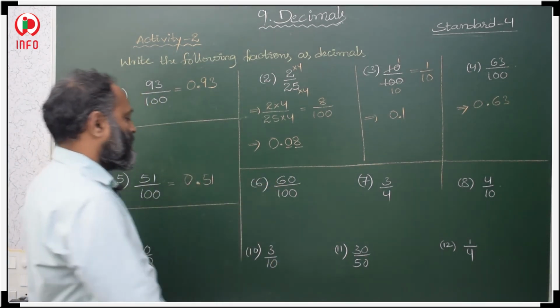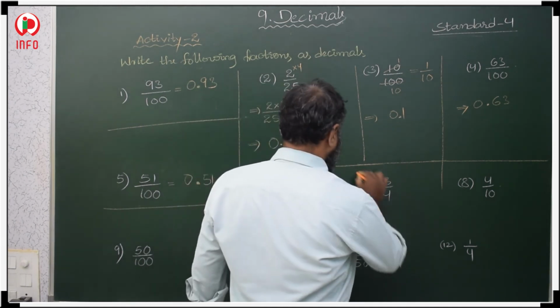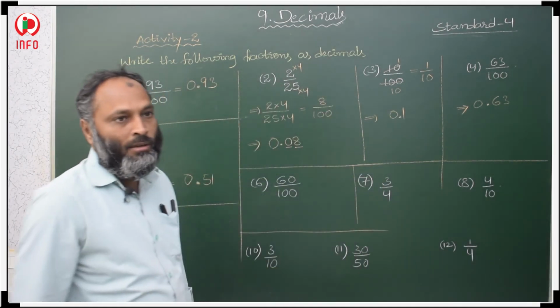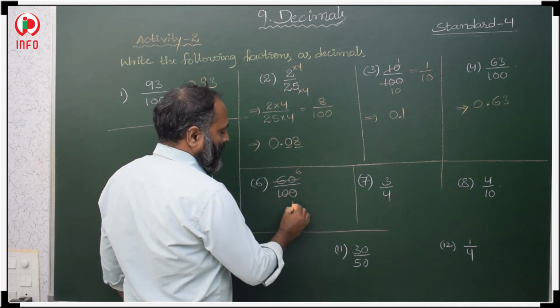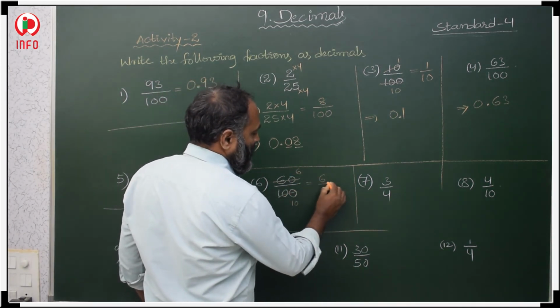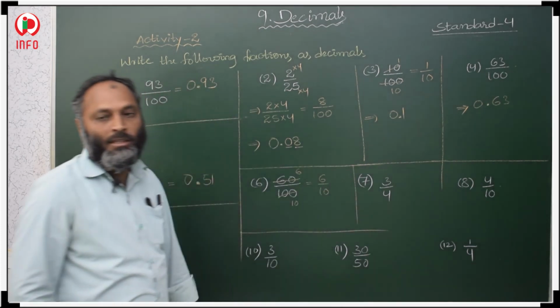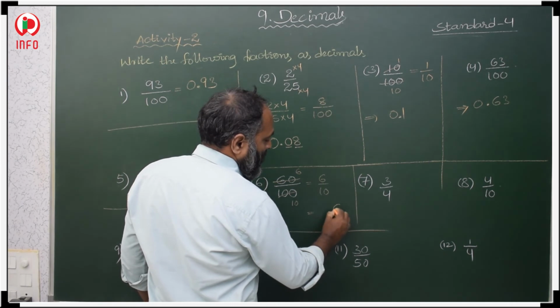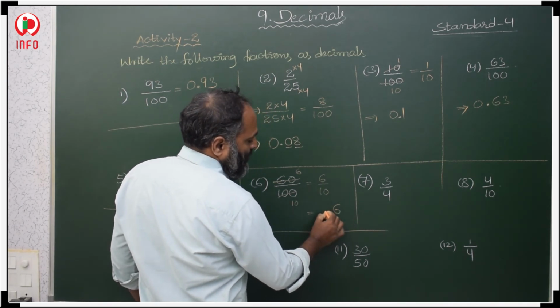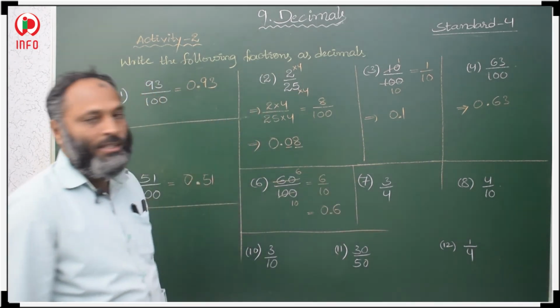Now 60. We divide with 10. 10 sixes are 60, 10 tens are 100, that is 6 by 10. 6 tenths means after 1 digit we keep a decimal, 0.6.